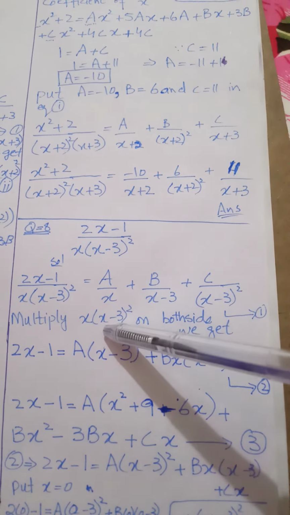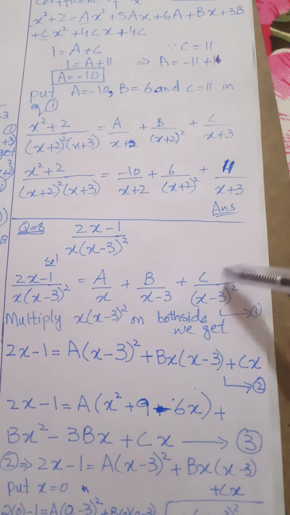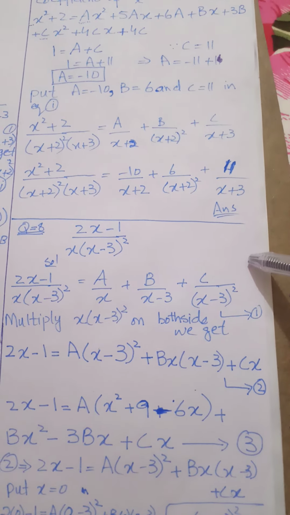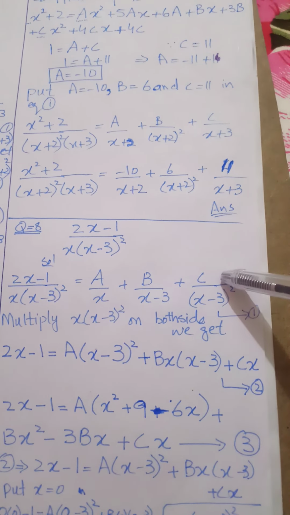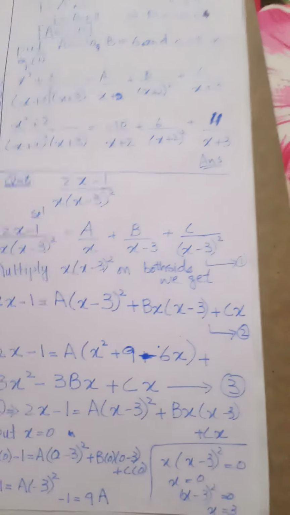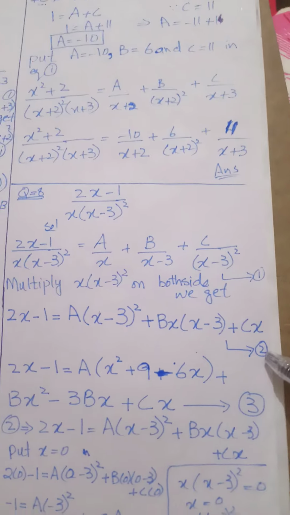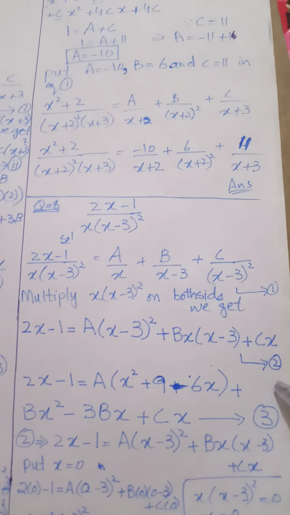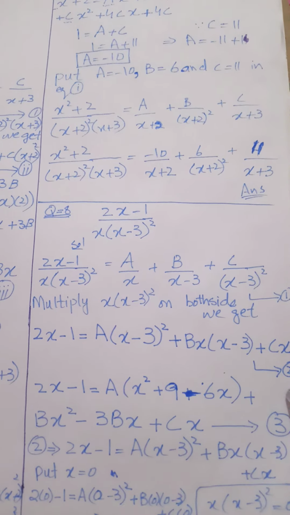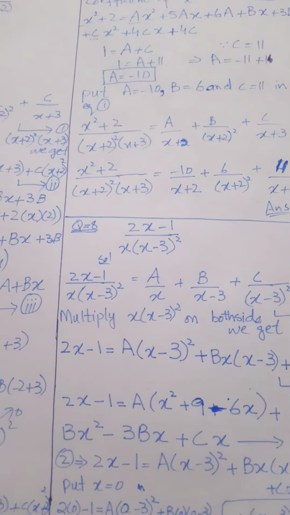Similarly, when we multiply with the third term, x minus 3 whole square will cancel each other, just x will remain with c. So this is equation number 2. First we find the values of a, b, c, and then we put these values in equation 1.